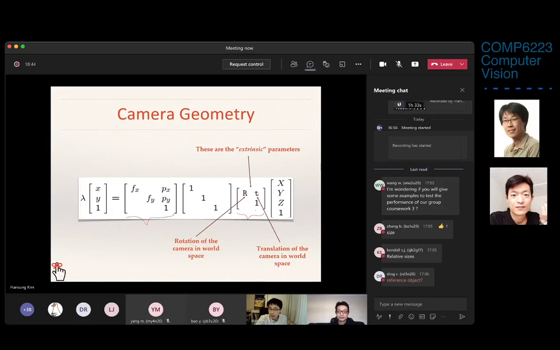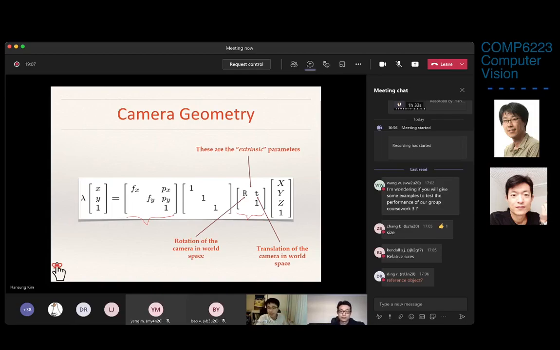The extrinsic parameter defines the location and pose of your camera in world coordinates. Definitely the photo changes according to the position and direction of your camera, right? So this defines where your camera is and where the camera is looking at.